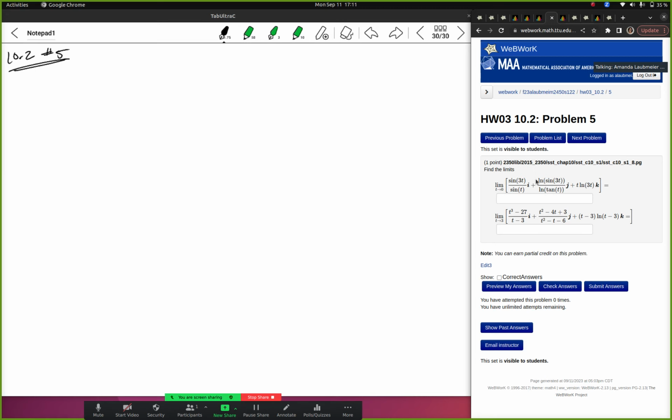So the general approach is going to be to, first of all, take our limits component-wise.